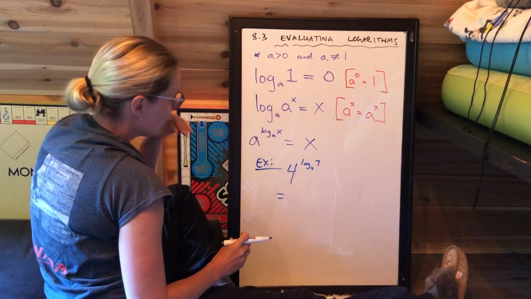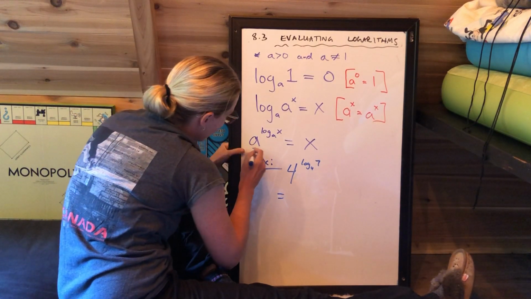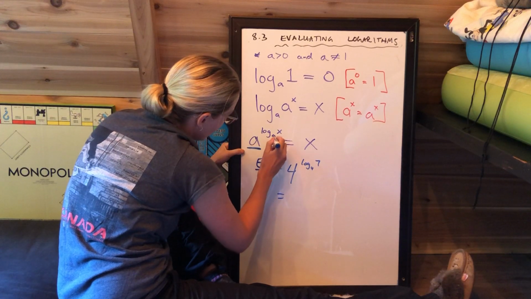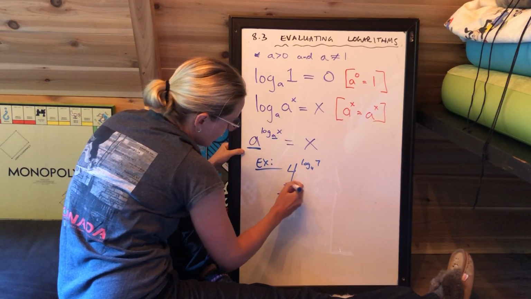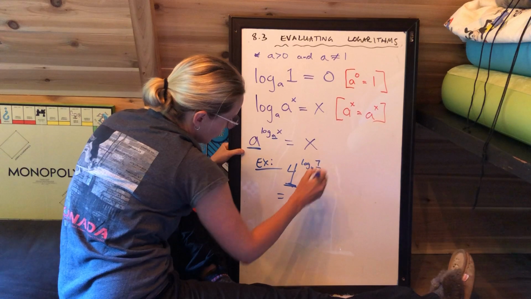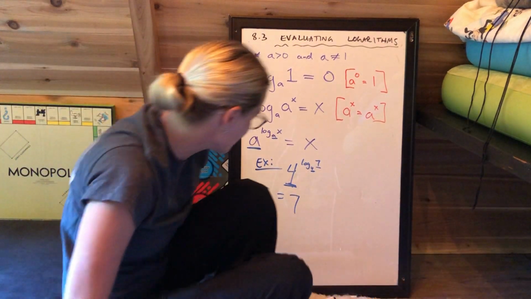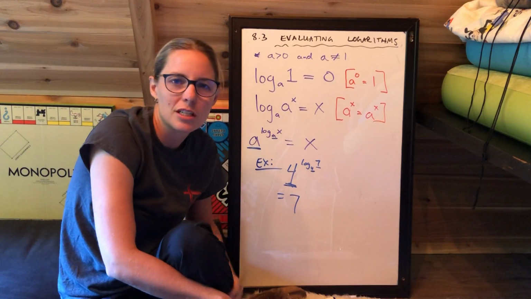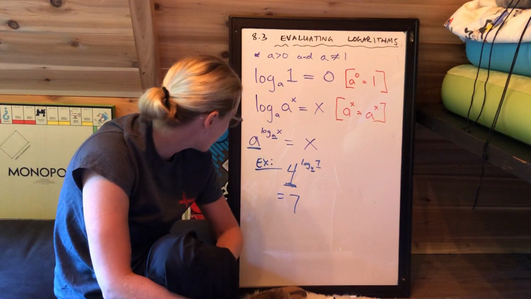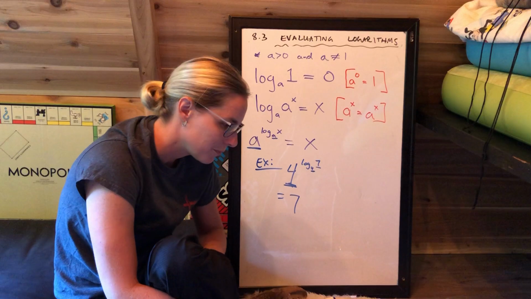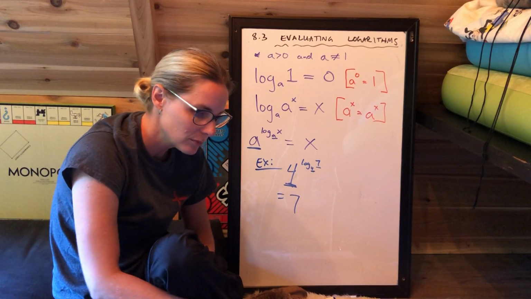Again, you're looking for whether the base of the exponent matches the base of the logarithm. That's the key. Then the answer is simply going to be that exponent. You'll recognize those because very infrequently are you seeing logarithms in the exponent. So as soon as you see a logarithm in the exponent, you know that's going to pop out.